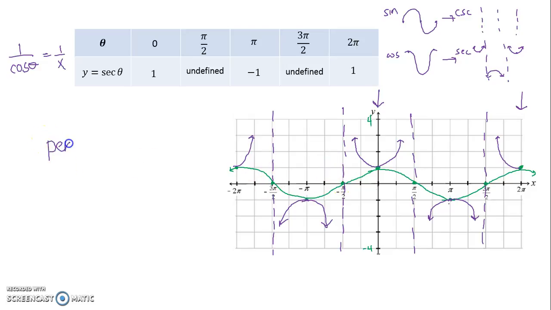Your period for secant is also 2 pi, just like it was for sine, cosine, and cosecant. And just like for those, you don't technically have an amplitude, but if you had graphed for secant theta, now those dots would be up here at 4, down here at negative 4.